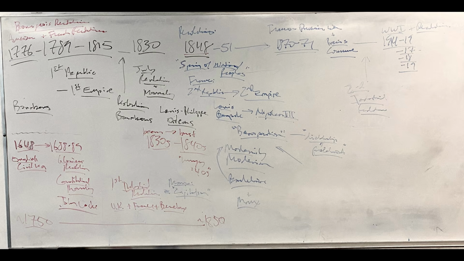He has his coup d'etat, and then he has a plebiscite where he asks the people, do you approve? And the majority say yes. And then he renews the empire 10 years later, and they also say yes.